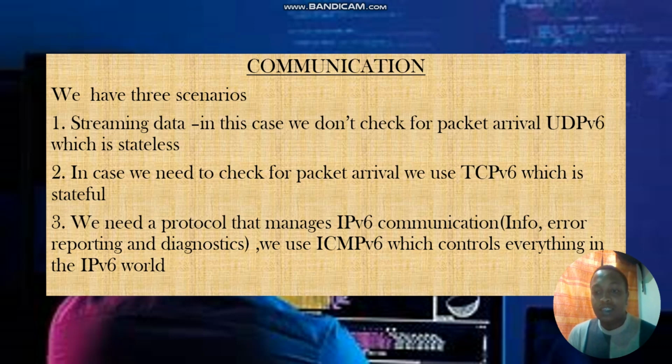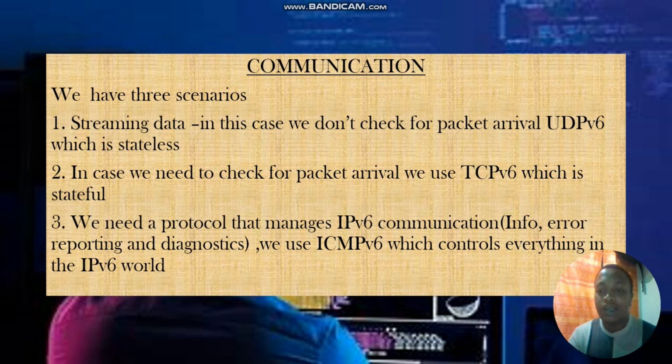So there's another scenario where we need to control the IPv6 world. If machines have errors, if you need to collect information on certain machines, if you need to run diagnostics on certain machines or devices, we use what we call ICMP version 6, that is the Internet Control Messaging Protocol version 6, and this controls devices in the IPv6 world.